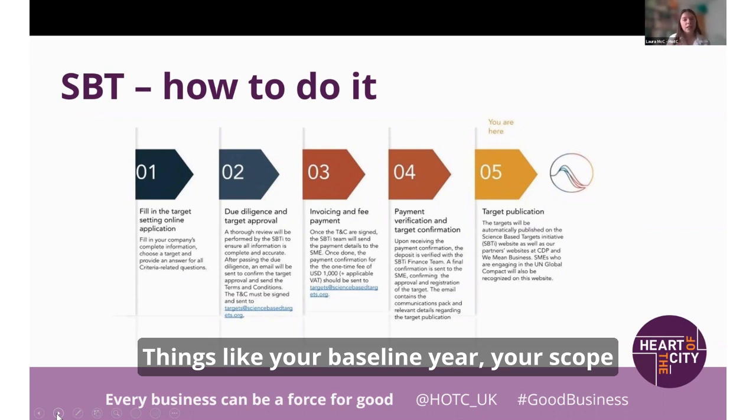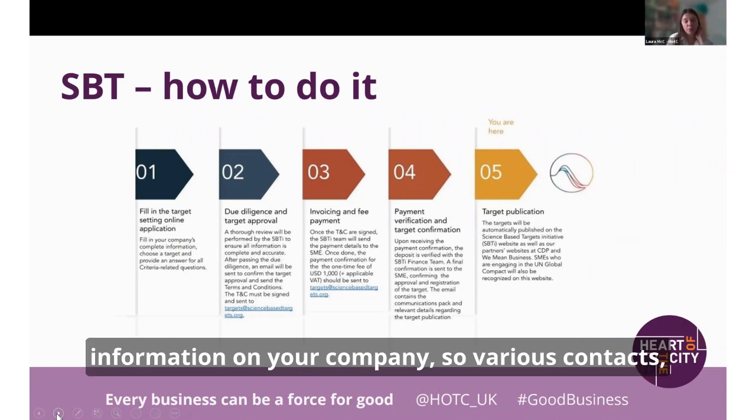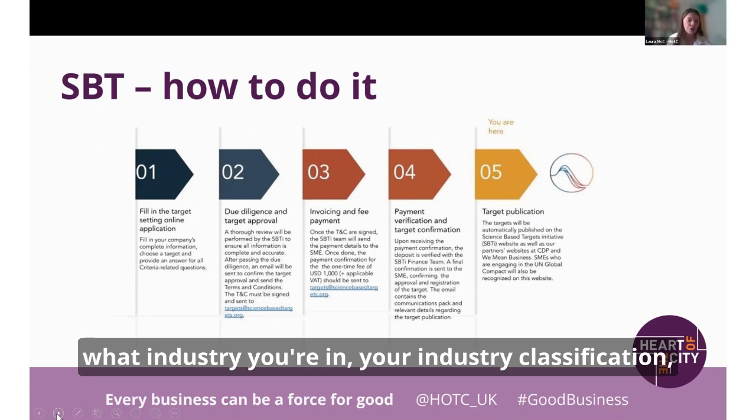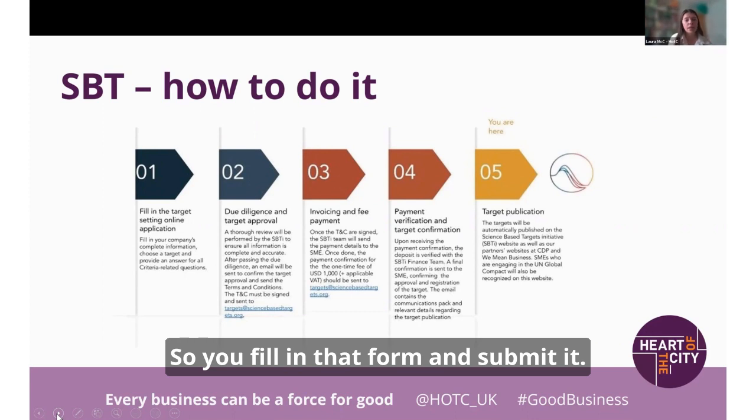Things like your baseline year, your scope 1 emissions, your scope 2 emissions. It also asks you to input information on your company. So various contacts, what industry you're in, your industry classification, and things like that. So you fill in that form and submit it.